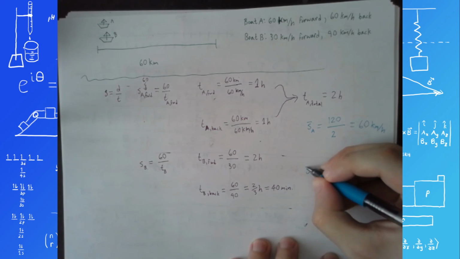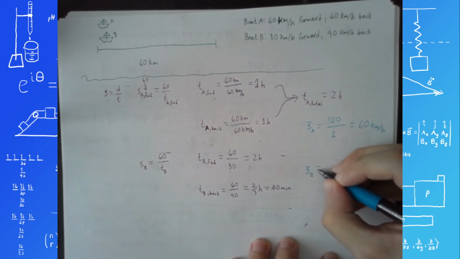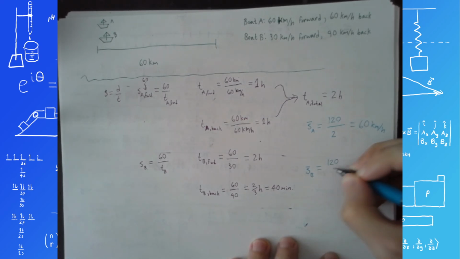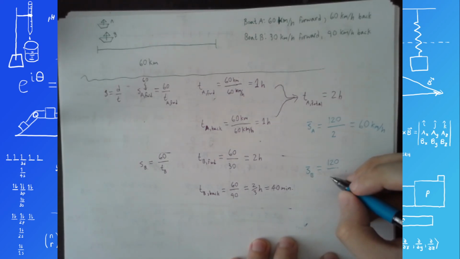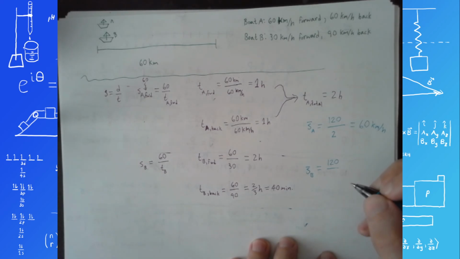Okay, what about average speed of boat B? So for this one, same total distance, 120, but the total time is 2 2/3. Or, let's see, 2 2/3, if I convert that to an improper fraction, that's 6/3 and 2/3, so 8/3.